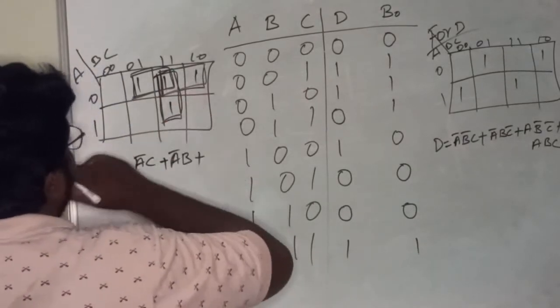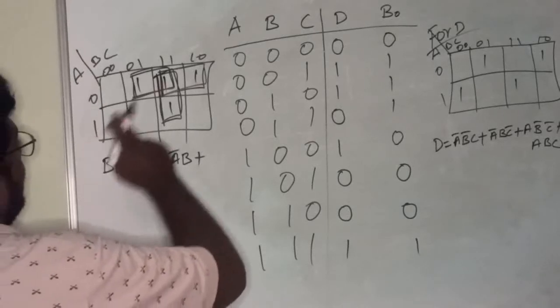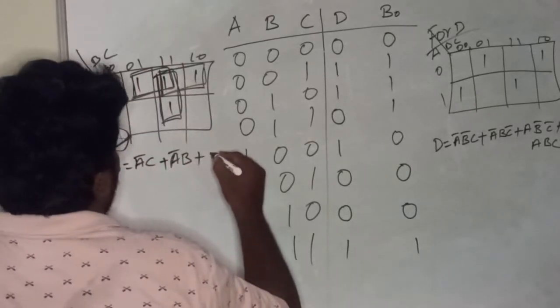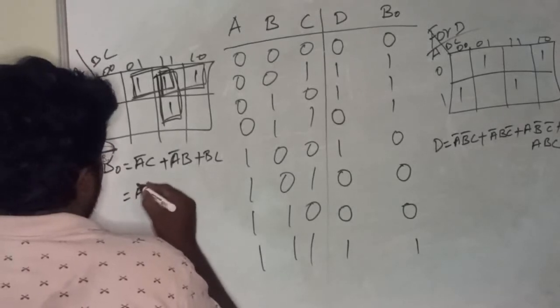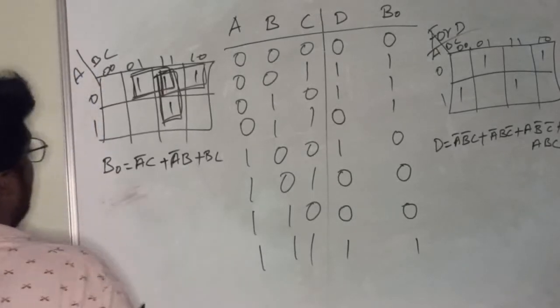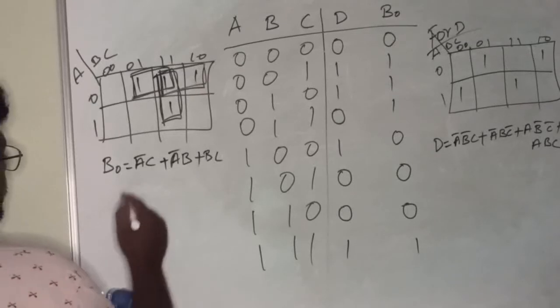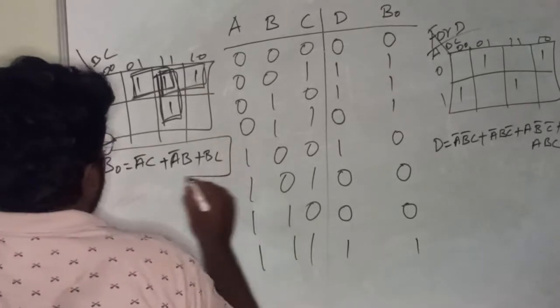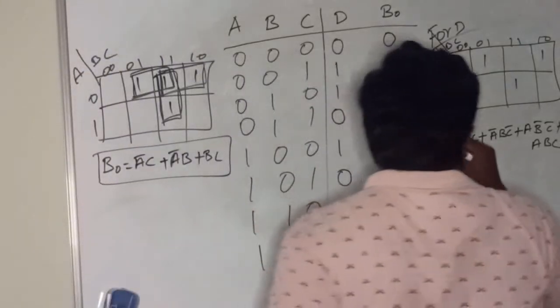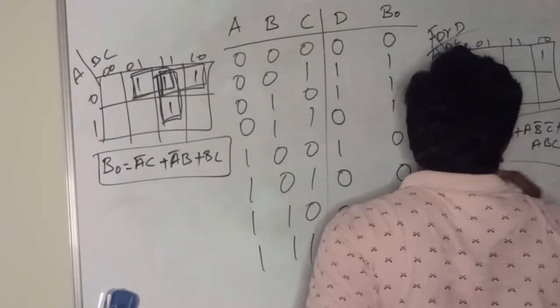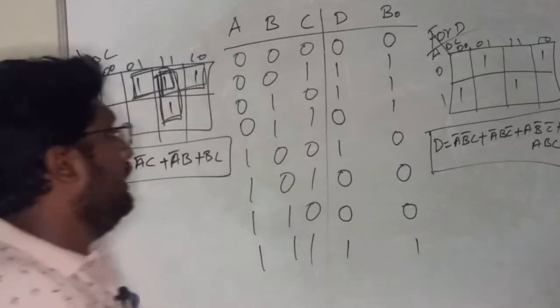In this pair, A value is varying and B and C values are not varying. So BC. So this is the borrow value, right? This is the B naught borrow minimization Boolean algebraic representation, and this is the D representation.